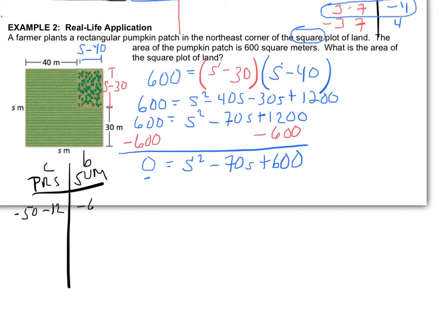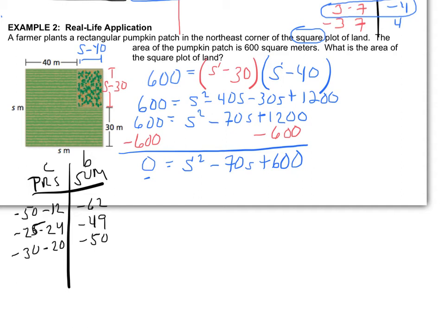That gave me negative 62. Well, close. We mentioned 25 and 24. If I add those together, I get negative 49. No. Then we talk about a negative 30 and a negative 20. Added together gives me negative 50.